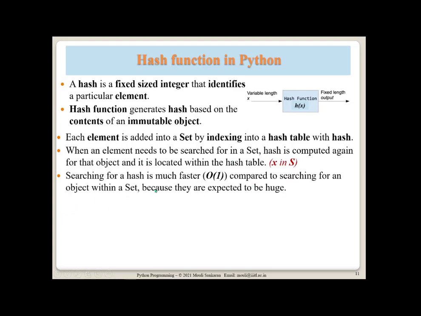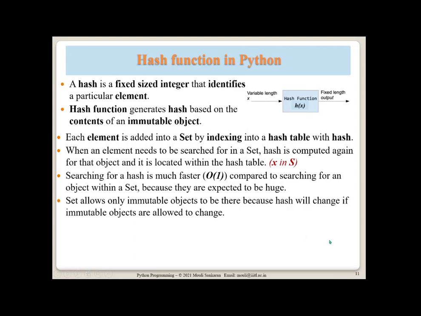Searching via a hash is much faster, order 1, compared to searching for an object within a set, because sets are expected to be huge. Computing the hash function and then going to the table is much faster than looking into every entry in the table to check whether this object is there or not. You would have to make an object comparison for that, which is very expensive.